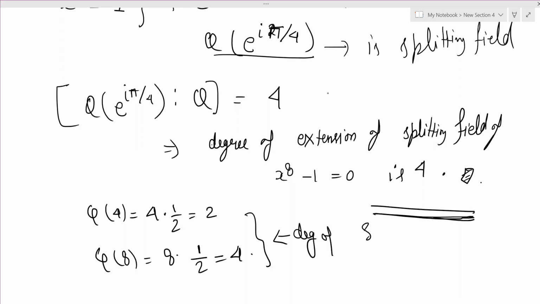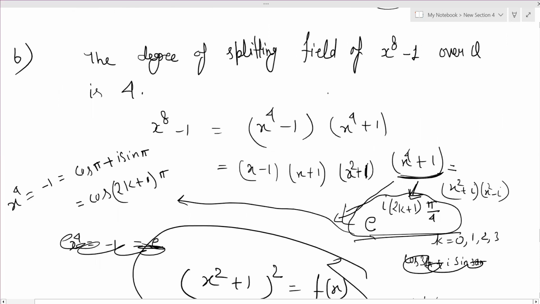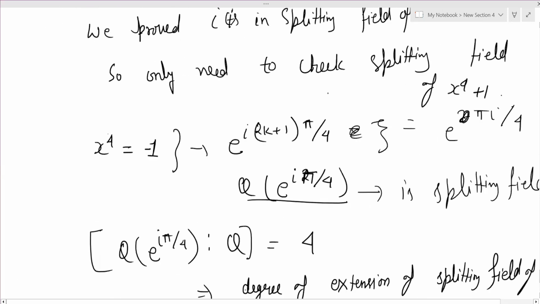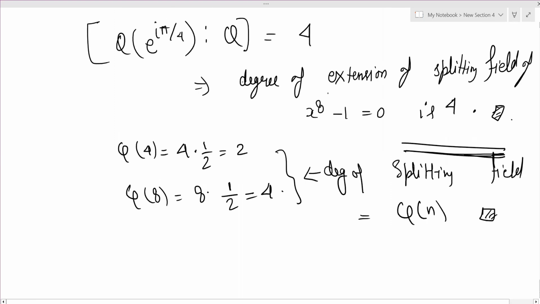Degree of the splitting field is equal to phi of n, and this is a true statement. So the intuition comes from these ideas. You should try to observe this statement. This is a standard statement, and you will get its proof in Galois theory. But this is the observation you have to take from here.